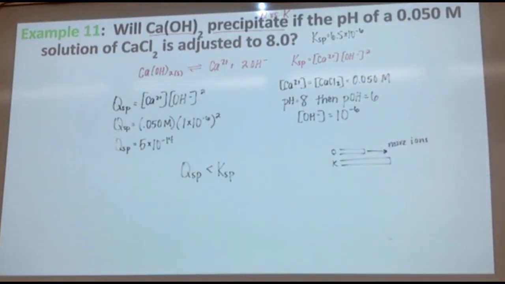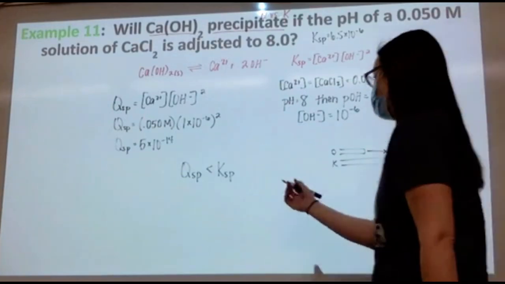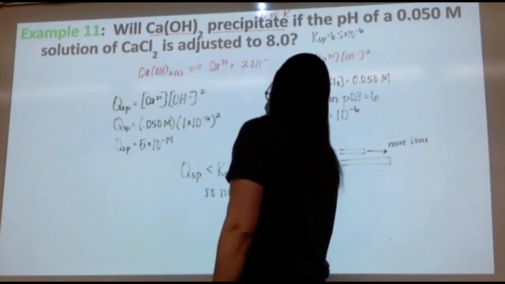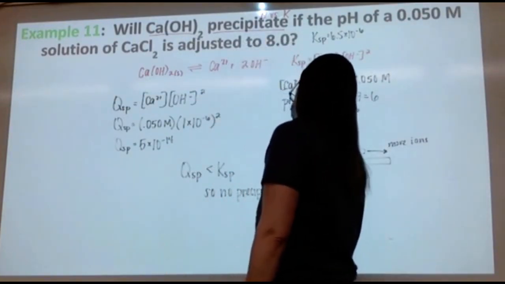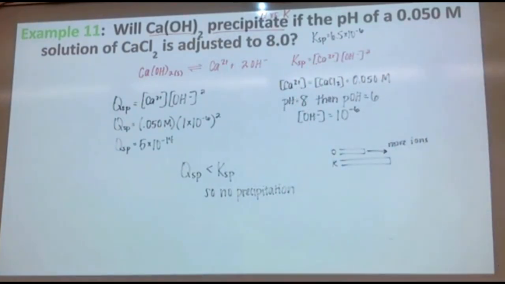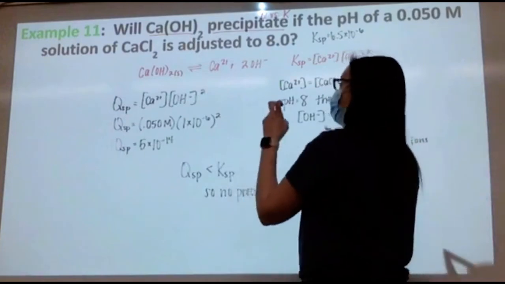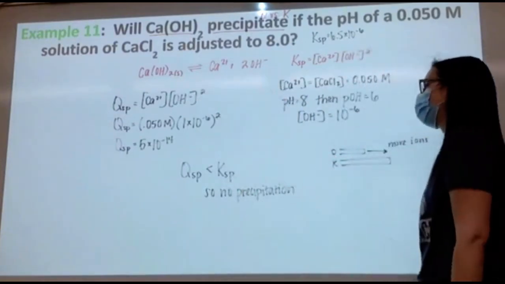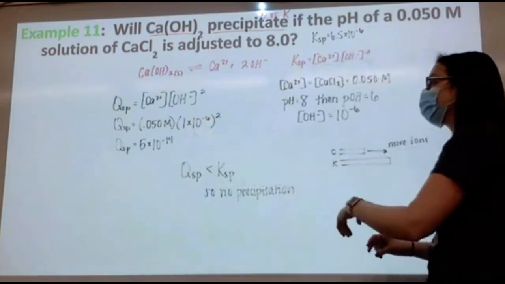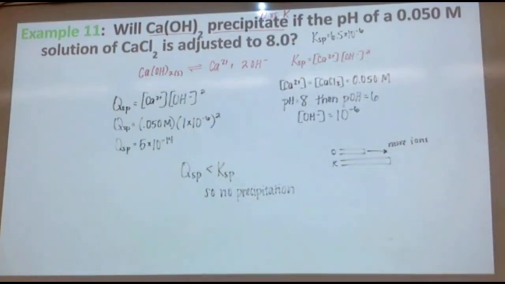In order for precipitation to occur, Q has to be greater than K. So, no precipitation. Right, no precipitate will form because we did not have too many ions. Q was not greater than K. Q is actually less than K. So at these conditions, we actually need more ions to even get to equilibrium.